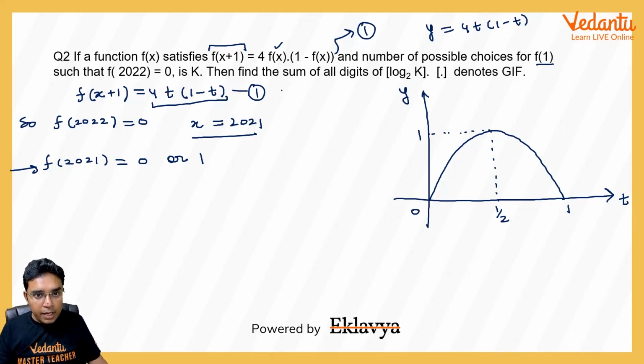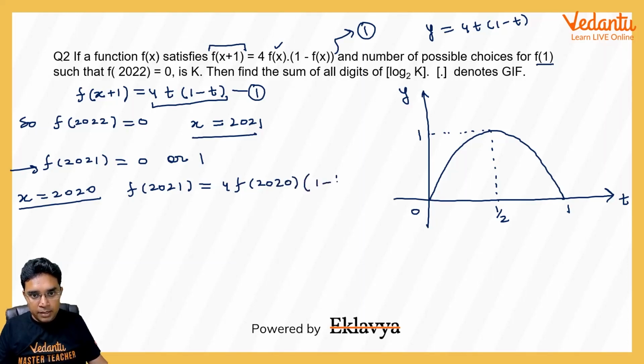Now again, using this equation number 1 and taking x as 2020, this f of 2021 will be 4 times f of 2020 into 1 minus f of 2020.